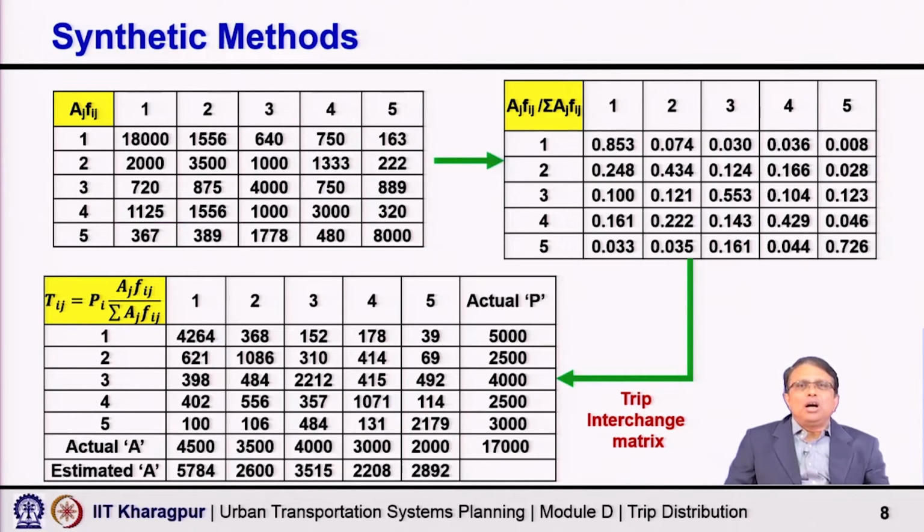Now, if our assumed friction factor values with respect to different travel times are correct, I repeat, if they are correct, then this distribution that we got grossly should match my observed distribution.